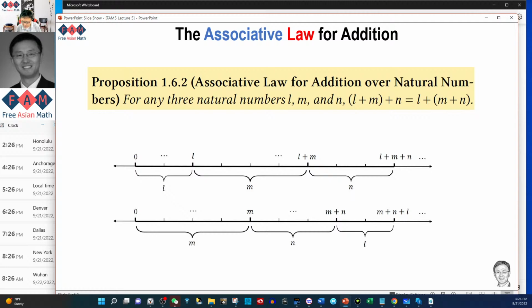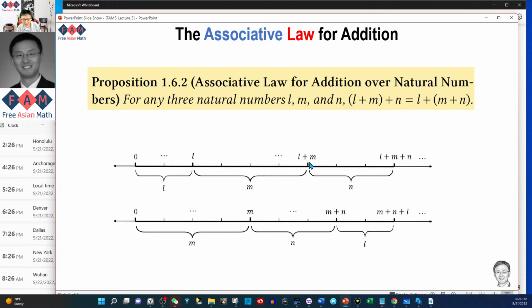So we first have to understand what is L plus M. That only comes from our definition of addition. What is L plus M? You start at this point L on the number line, then you count forward M times. Essentially, that gives you L plus M.